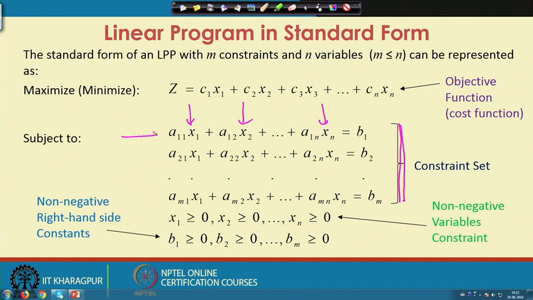So, each constraint corresponds to one equation. So, there are m rows of equations and n columns of variables. So, there are m rows of equations corresponding to m constraints and there are n columns of variables corresponding to n variables.